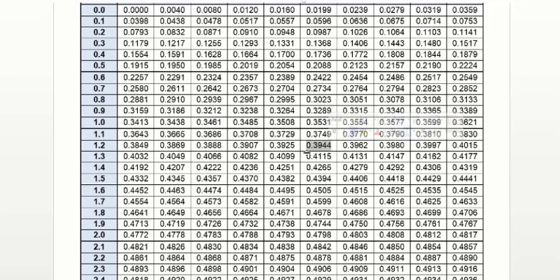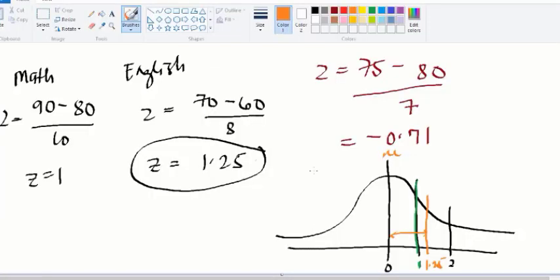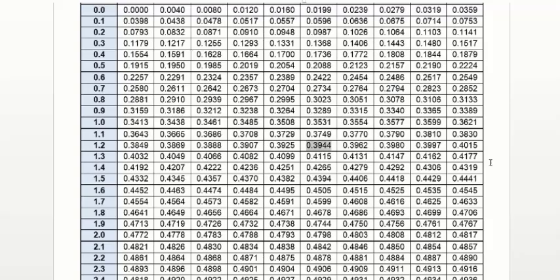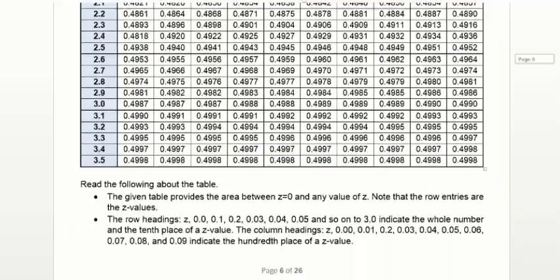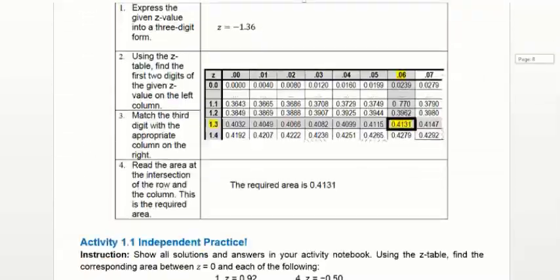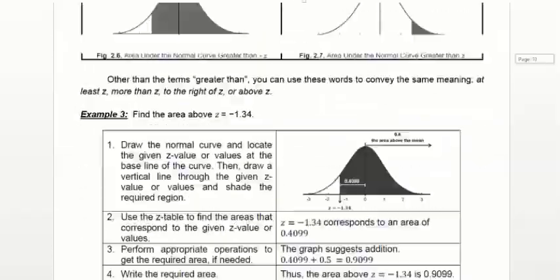Ito siya, no? 0.3944. Kung kukunin ko yung percentage nito, it will be 39.44%. Okay, so that is the probability or the chance that it will happen, or that is your standing on the English test. Okay, so yun yung ibig sabihin ng determining the probability. Getting the area under the curve is the same as getting the probability. There you go.